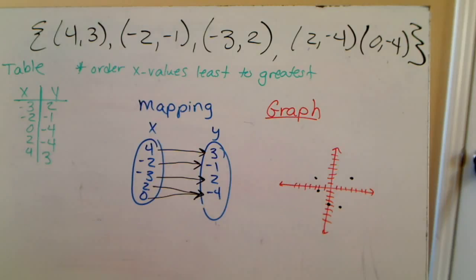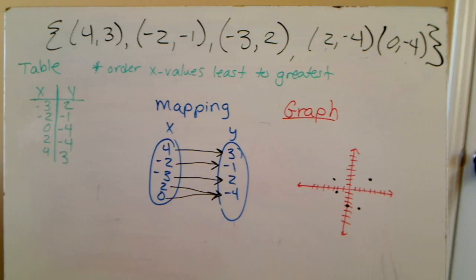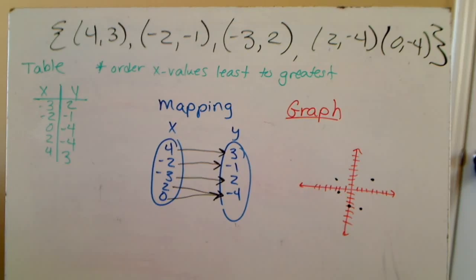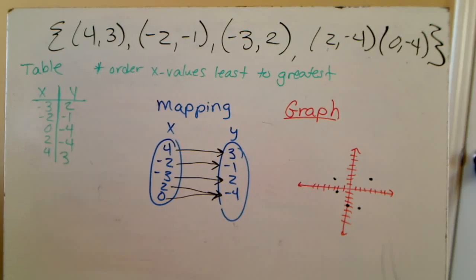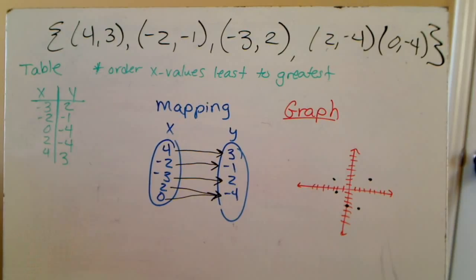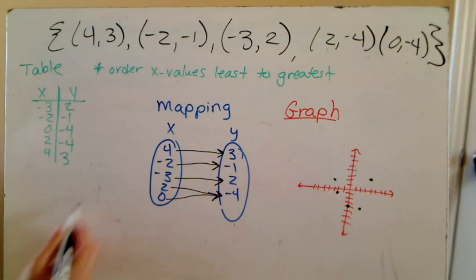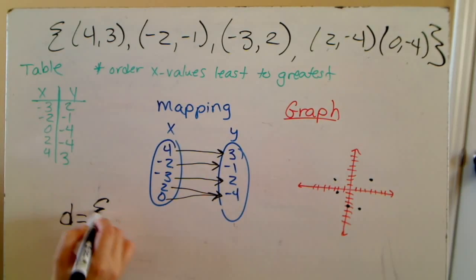Part B, if you're looking at your notes, is state the domain and range using the same example. The domain and range are just basically your x and y values, and that's it. The domain, just like in the alphabet, D comes before R, so in this case, X comes before Y. So the D is our X values, and the range is our Y values. So I'm going to write D equals, meaning that's our domain.